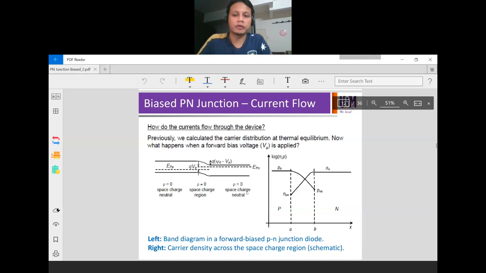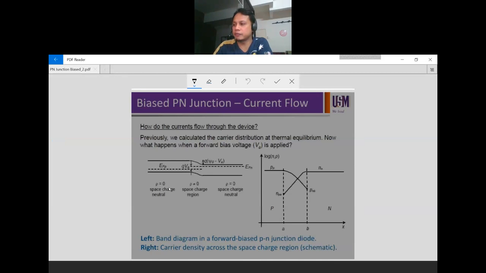Okay, so let's look at this slide. How do the currents flow through the device? Previously, we've calculated the carrier distribution at thermal equilibrium. Now what happens when a forward bias voltage is applied? We now know that if you apply forward bias by connecting the positive terminal to p type and the negative terminal to n type, then you can play around with the magnitude of VA, the applied bias voltage, to reduce the barrier height, right?